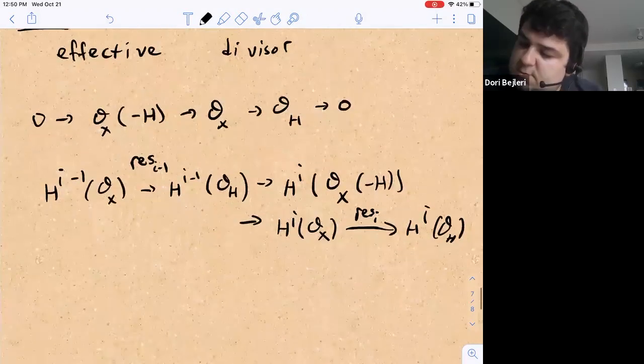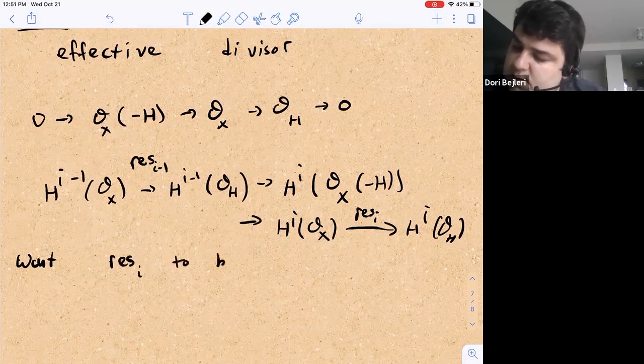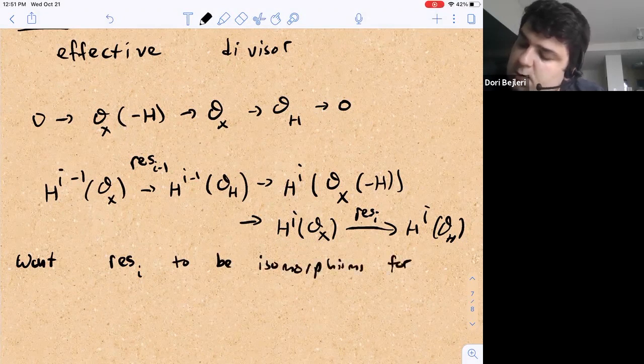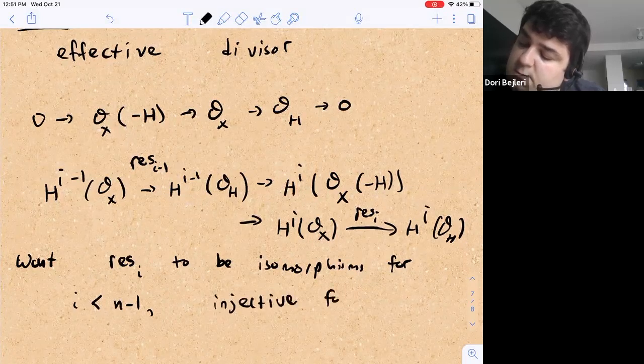So we want the restrictions to be isomorphisms for i strictly less than n minus 1 and injective for i equal to n minus 1.